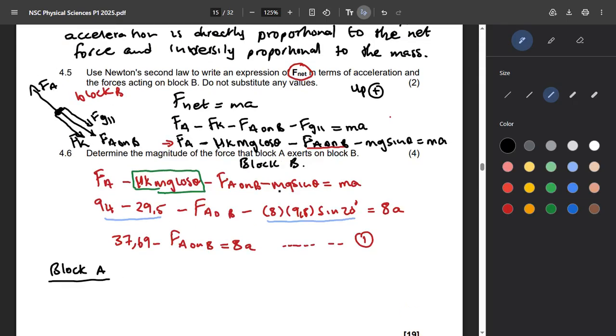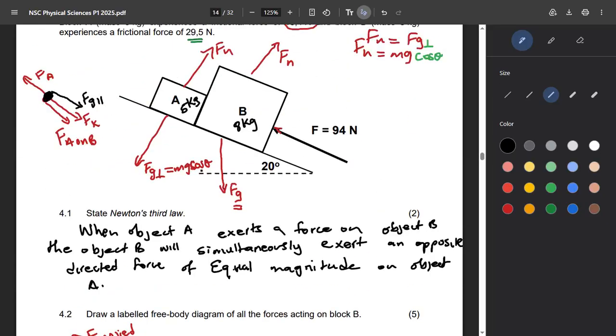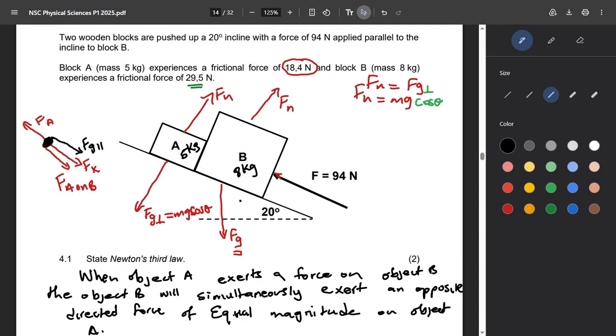So if I go up on block A, I need to indicate all the horizontal forces that are acting on block A. Let me say I'm going to have a force going up.